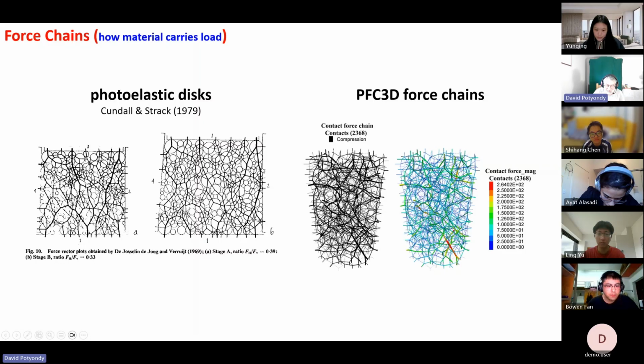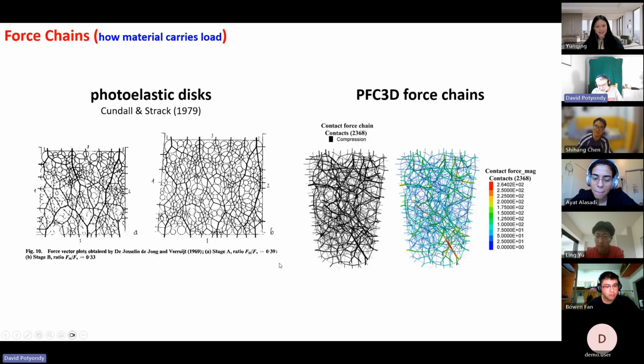And these force chains are totally, again, related to the shape of the particles, to the friction coefficient, and a little bit to the stiffnesses, but it's mostly the shape and the friction coefficient that determines this. Okay. Any thoughts? Any questions? Force chains. Okay.